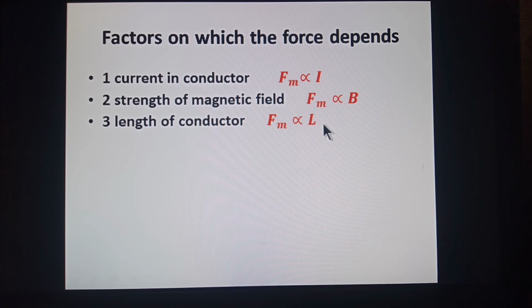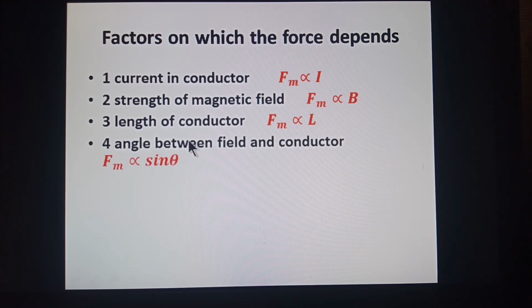Longer the conductor passing through the magnetic field, more will be the force exerted on it by the magnetic field. And number four is the angle between magnetic field and current carrying conductor. So magnetic force is proportional to sine of the angle that the current carrying conductor makes with the magnetic field.